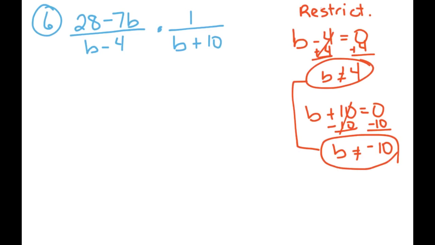Now, I happen to notice there's nothing in common top and bottom at the moment. But I do see that here in this first numerator, I have a GCF of 7. So I'm going to go ahead and rewrite that. 28 divided by 7 is 4. 7b divided by 7 is 1b.